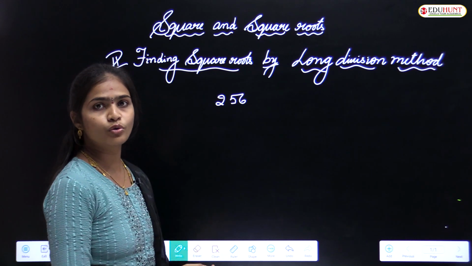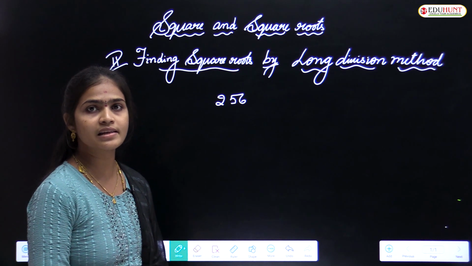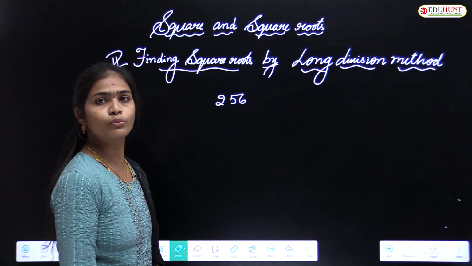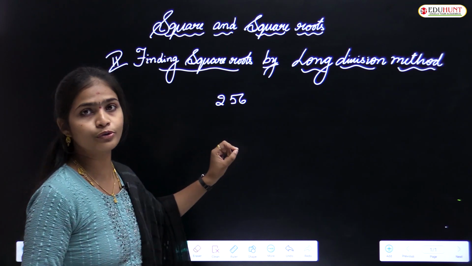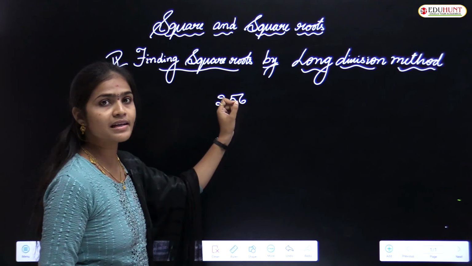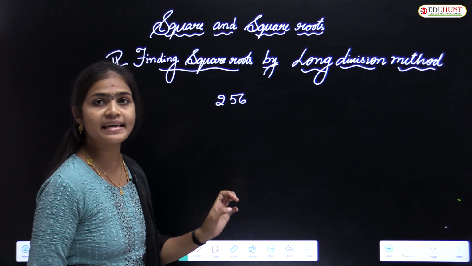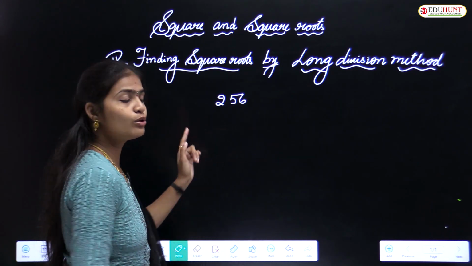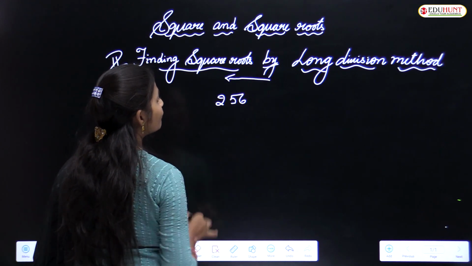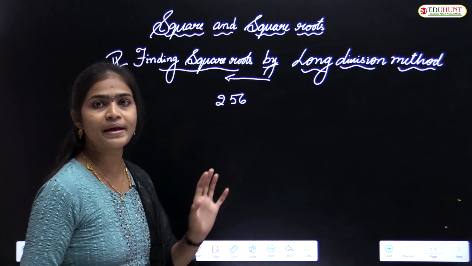What is that number? 256. Just steps, listen carefully here. Whatever number is given, first we have to group the digits as pairs, from right to left. In this manner we have to group them as pairs.